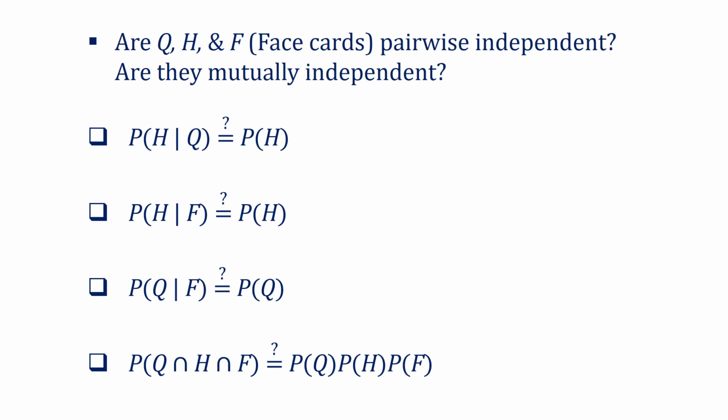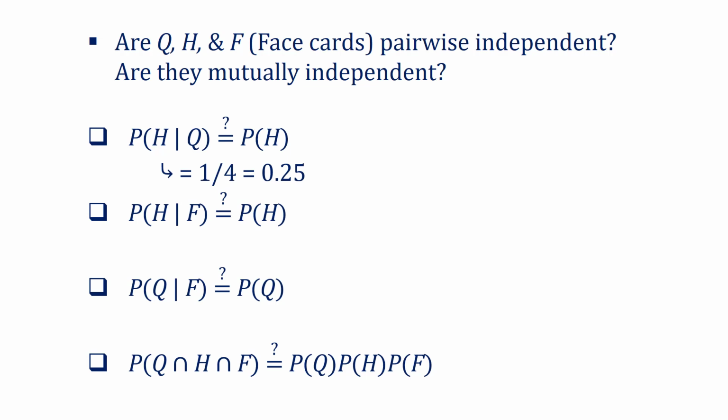Alright, so I know the answer to the first one, but since I'm approaching it a different way, it's good to double check. First, I'm going to find the probability of heart given queen. So I draw a card from the deck, I tell you it's a queen, and then I ask you, given that piece of information, what's the probability that it's a heart? Well, there are only 4 queens in the deck, and how many of them are hearts? 1. So this has a probability of 1/4 or 0.25.